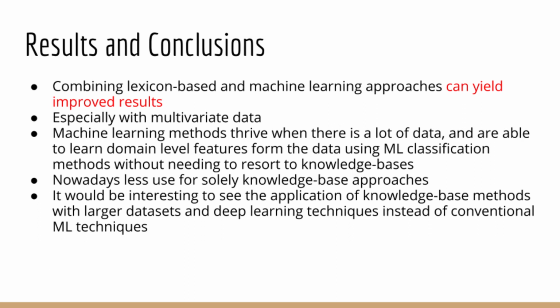So, what can we conclude from these results? Combining lexicon-based and machine learning approaches can yield improved results in some situations, and this is especially true when there are a lot of data points to look at.